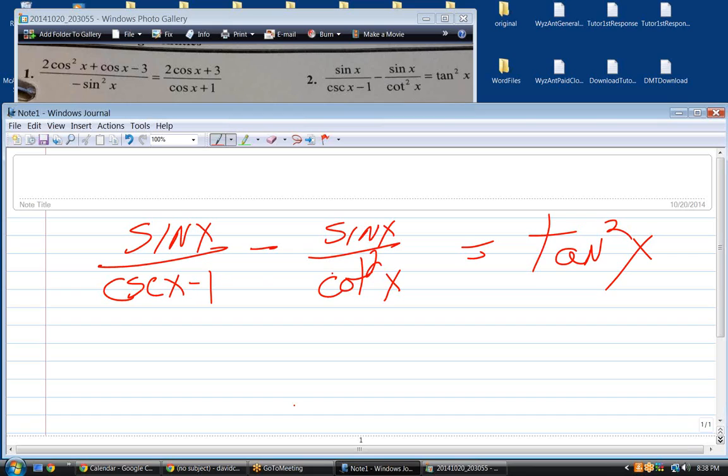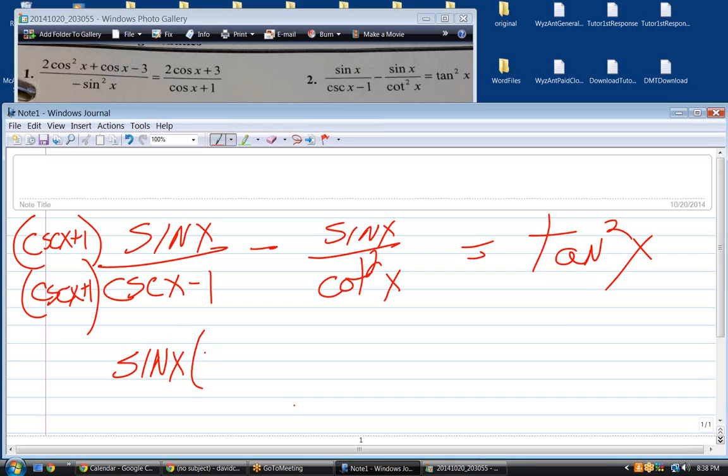And I have a cotangent over here, so that seems like a pretty good strategy. Let's multiply this thing by cosecant x plus 1 over cosecant x plus 1. Okay? All right. And never multiply these two together, because you'll just have to take them apart. Okay, the bottom becomes cosecant squared minus 1, which is the same as cotangent squared.